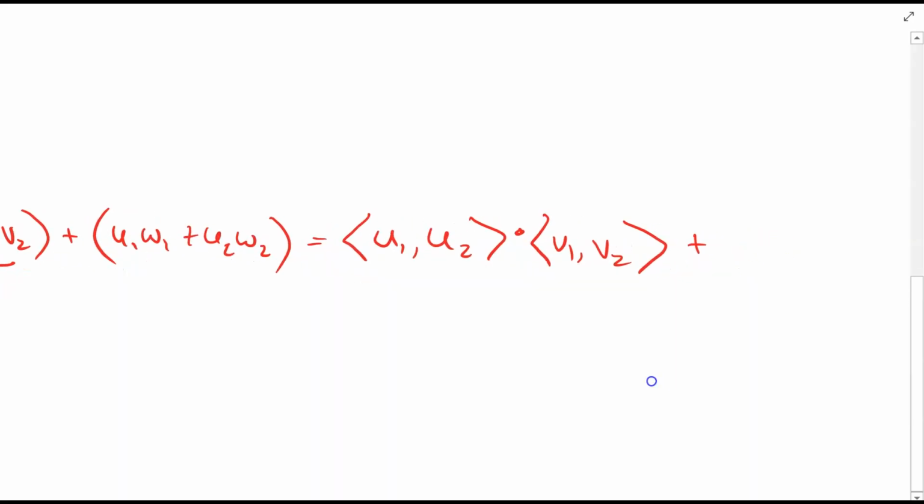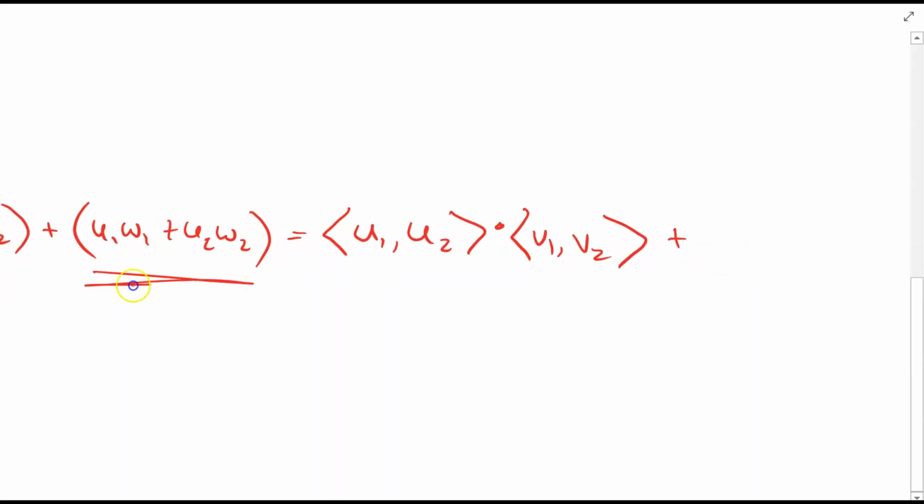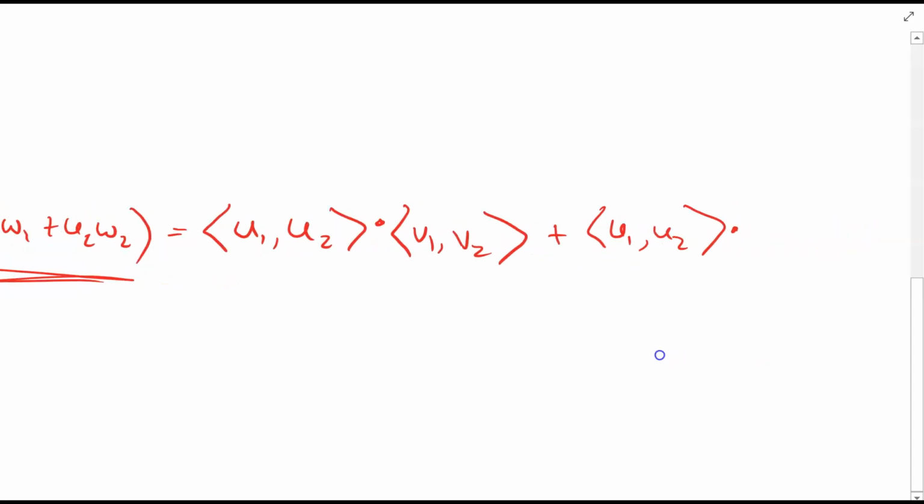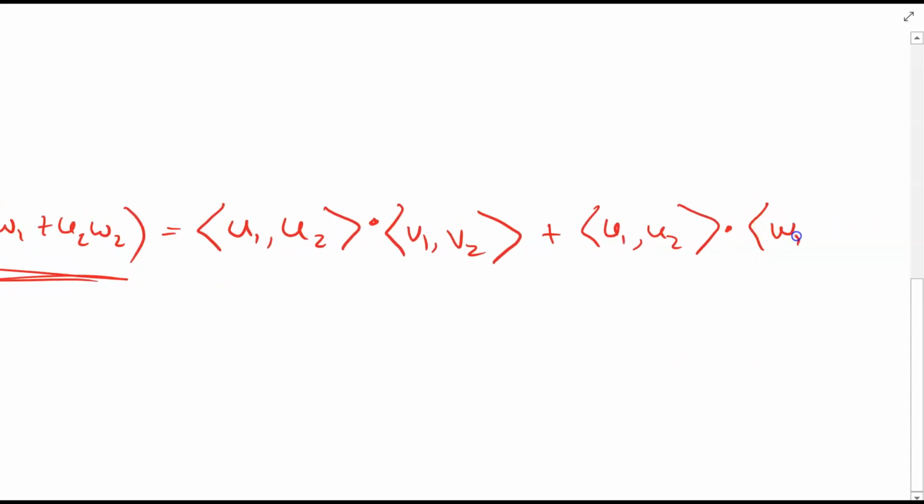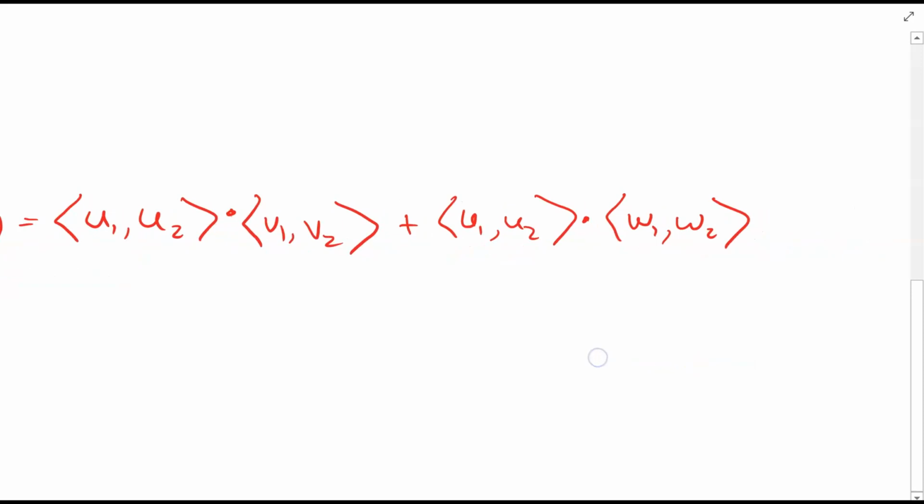Then I have my plus sign. And if I look at this one, this would have been u1 comma u2 dot w1 comma w2. And then if I use my component form definition, that's u dot v plus u dot w.